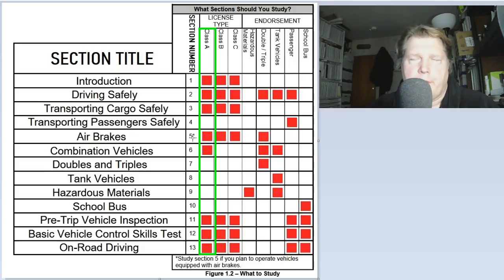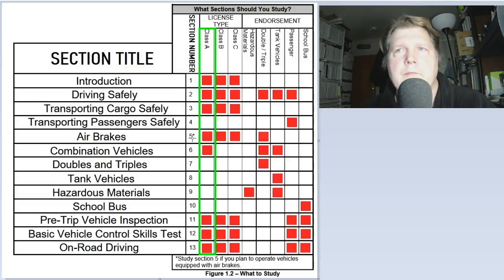Now, ultimately, for your written part, remember that the exams are broken into two different types. You've got the written exams, and you've got the skills exams. So right now, you're primarily concerned with the written exam. So let's go ahead and look at what is needed for the Class A written exams for general knowledge.